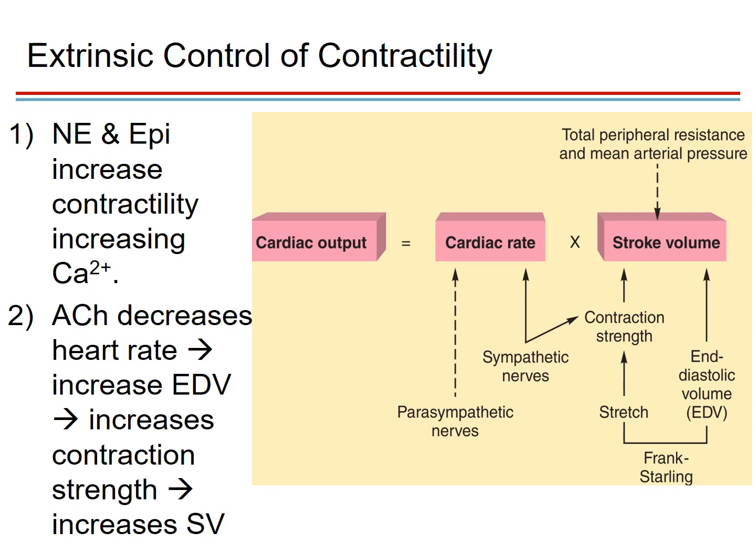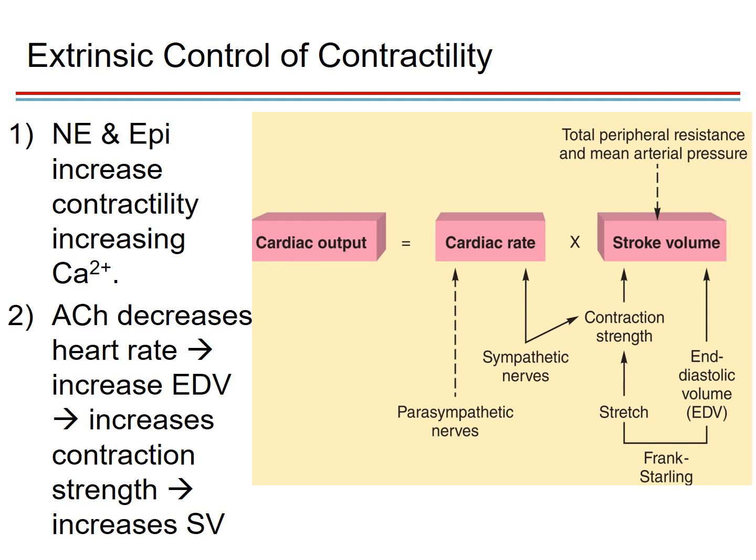So some extrinsic control, so outside of the heart, for contraction include sympathetic changes for cardiac output. And so norepinephrine and epinephrine will increase contractility by increasing calcium.